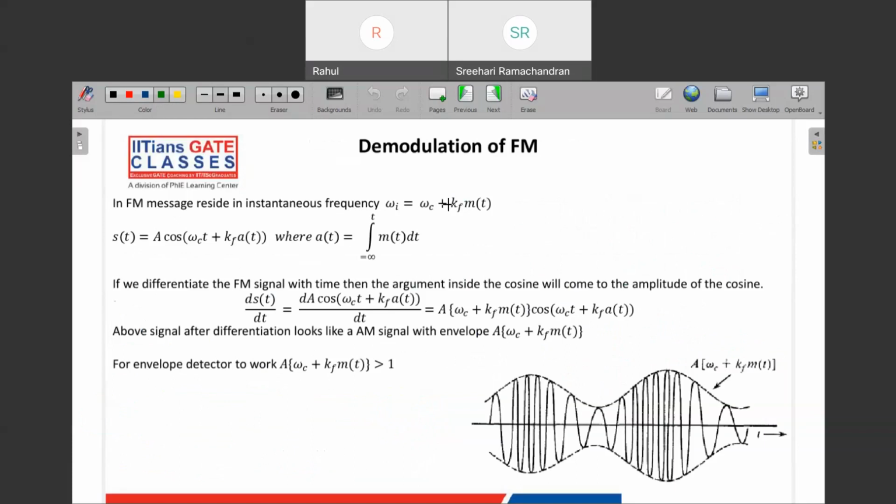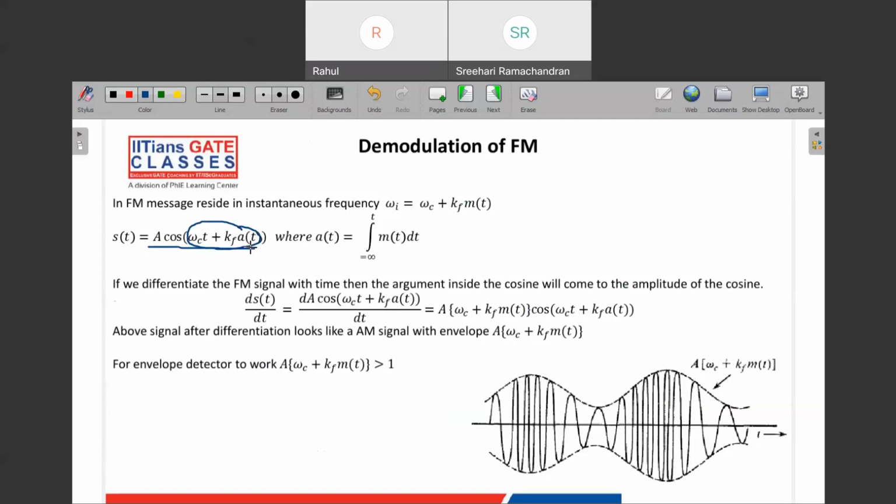Now let's discuss the demodulation of FM. We do the demodulation of FM with the help of a circuit called a differentiator. We have a modulated signal where the message is residing inside the argument of the cos.